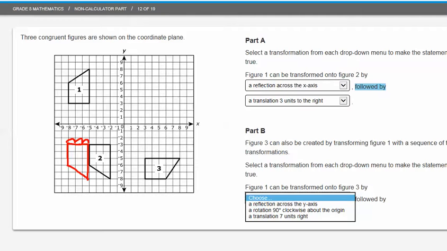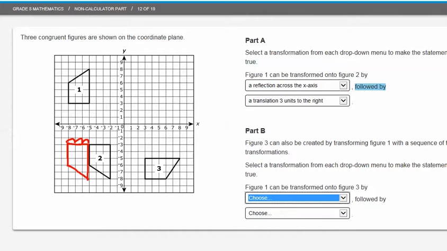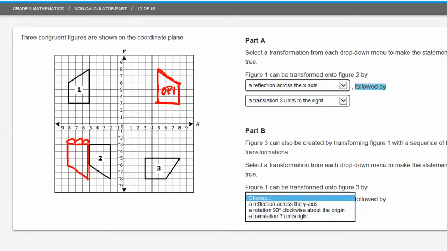So if I reflect it over the y-axis, I would get something that looked awfully similar to this. That probably doesn't help us, but I'll put option 1, or a rotation of 90 degrees clockwise about the origin.